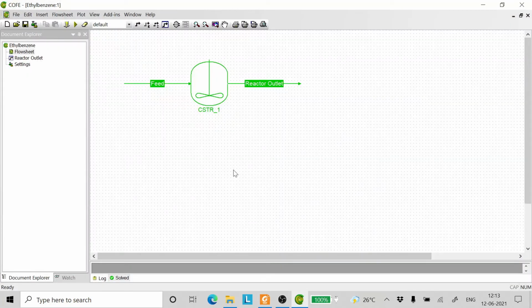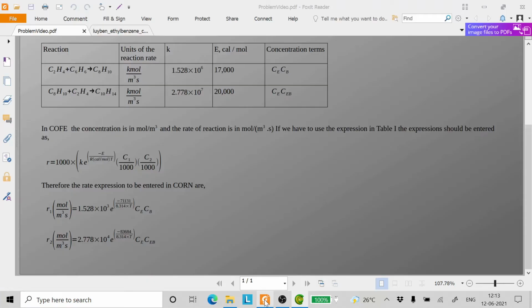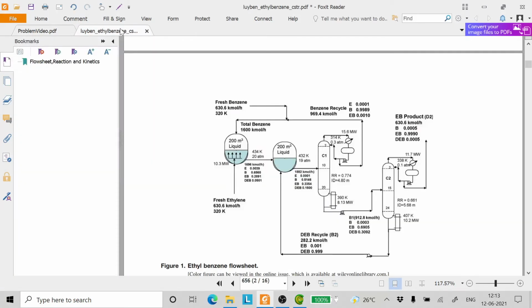Now, I have already done the simulation, but I shall explain it once again. Let's go back to the article. We find here that the fresh ethylene is 630.6 kilomole per hour, which enters reactor number 1, and the benzene is nothing but the sum of the fresh benzene and the recycled benzene.